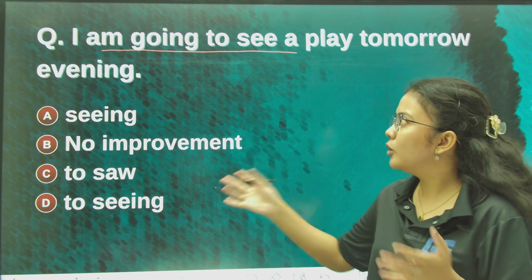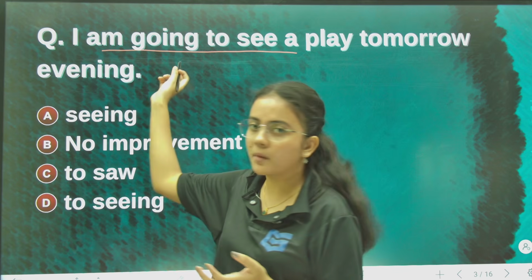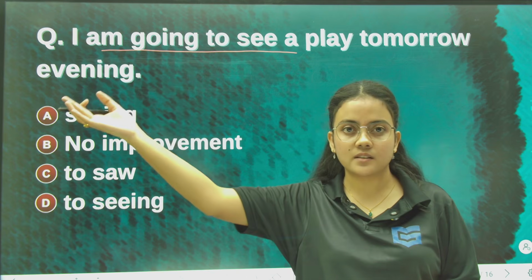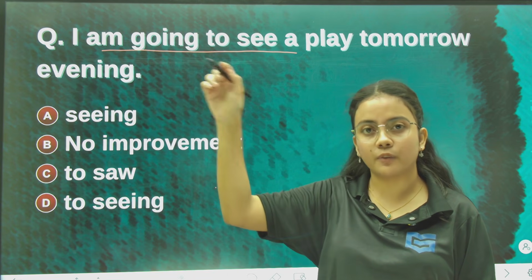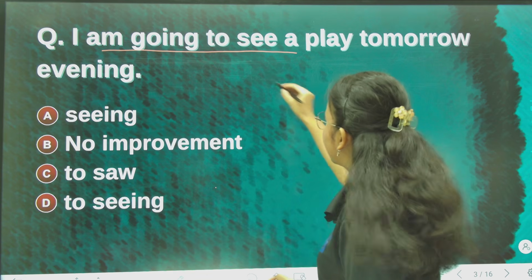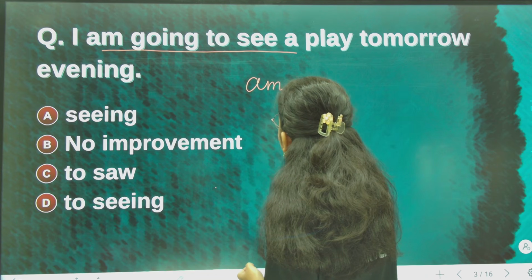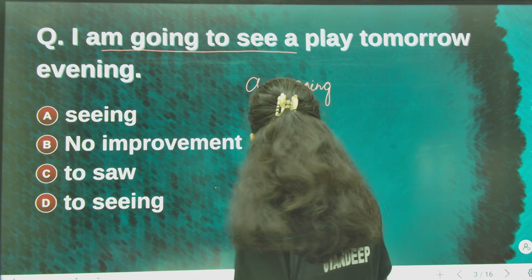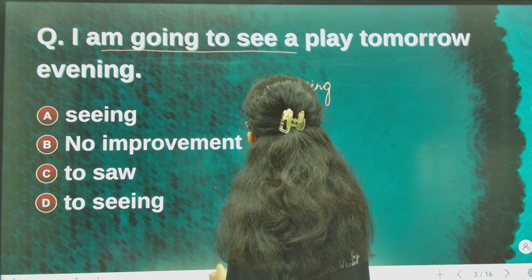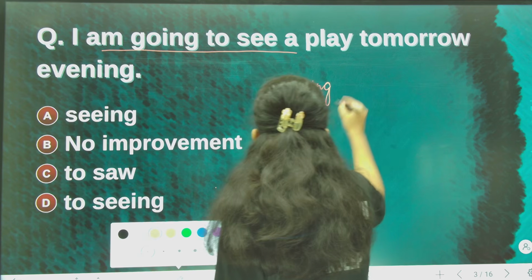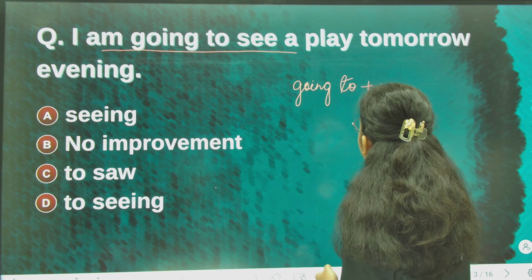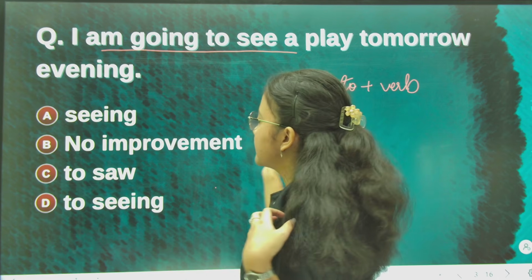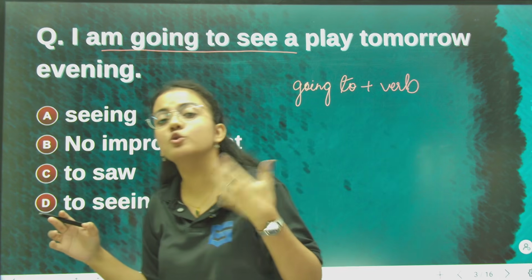Although it seems that the structure is present continuous, when we say am going to do this, am going to plus verb, it is not am, it is going to, okay, going to plus verb, such sentences mean future plans.